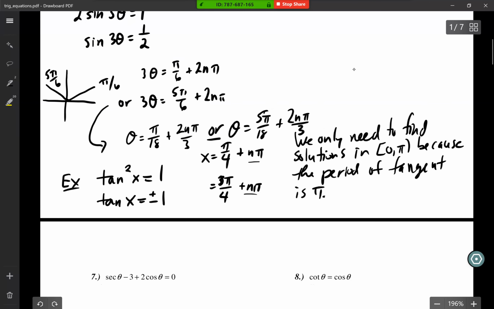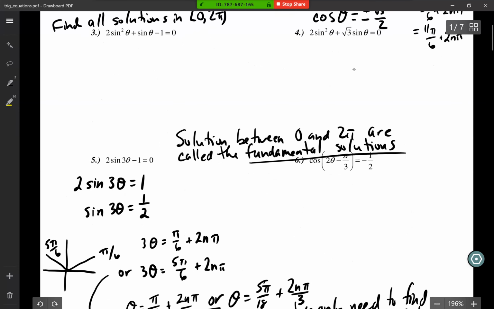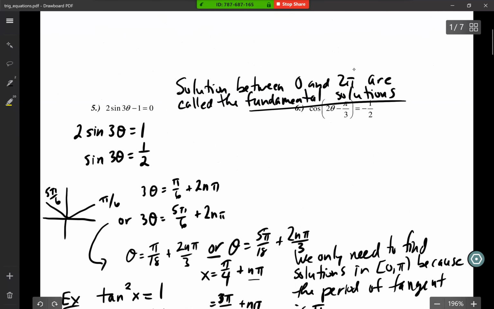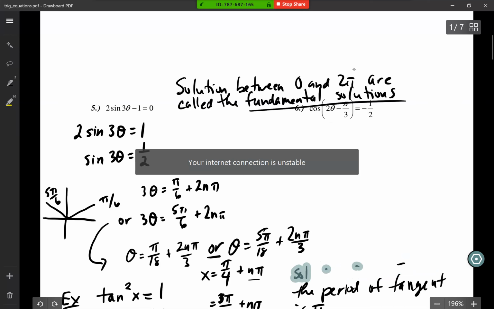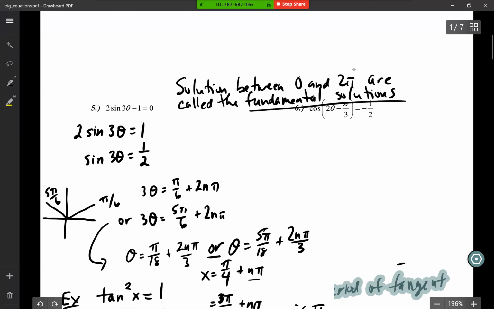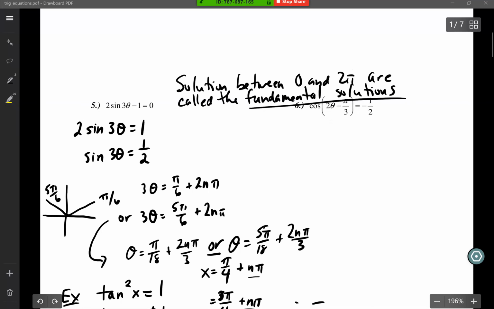Let's do another one like that one. Let's see if we can do the one right next door to it here for number 6. I'm going to erase some of the stuff at the bottom if I need more room here. All right, so the first thing we notice in this one is that we already have the cosine is equal to -1/2.